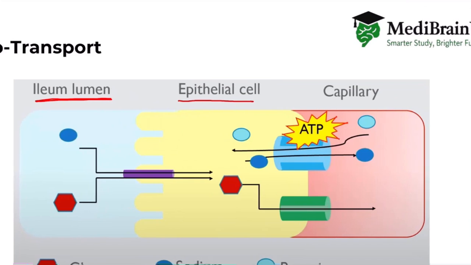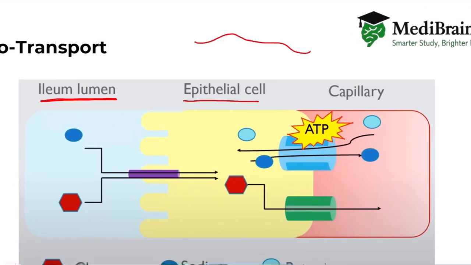If we think about the small intestine as a long tube like this, obviously it's very squashed up in reality, but let's say that's your small intestine. The shaded part is the inside of your small intestine. This is your ileum. The inside part is your ileum.